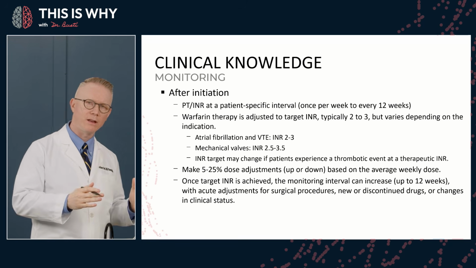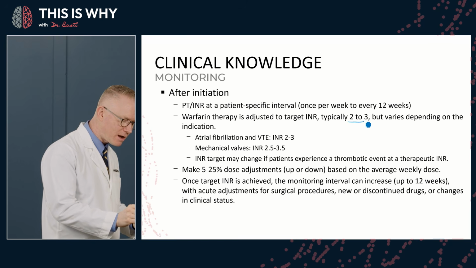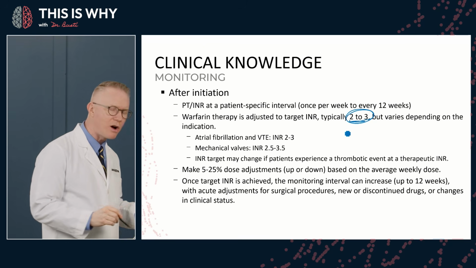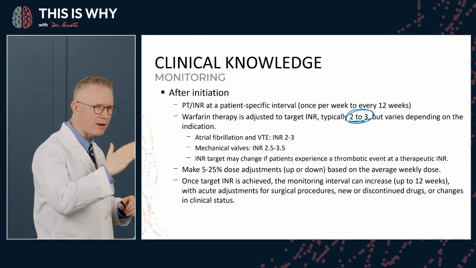But early on, typically what we do is we bring people back in a couple days, and we're trying to get to that target INR of 2 to 3. And we're watching how fast they're getting there.